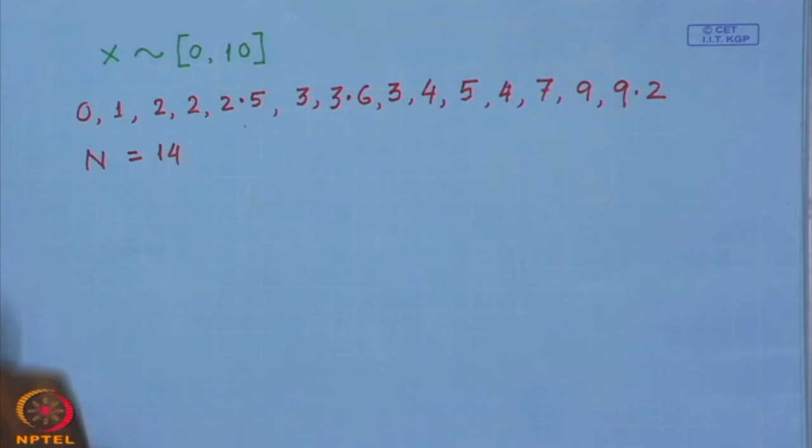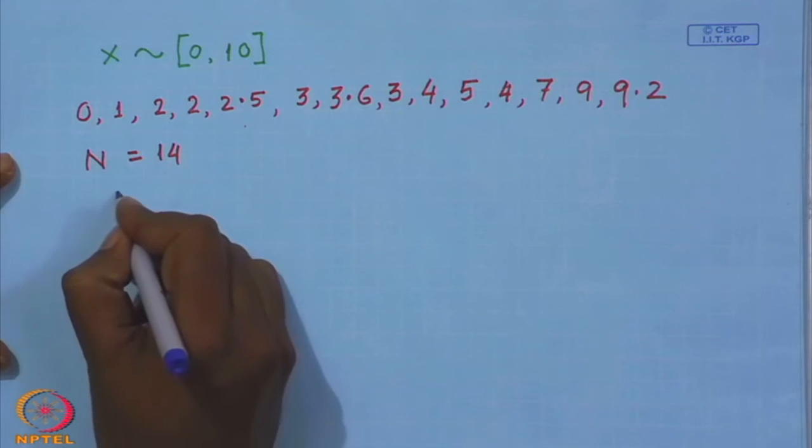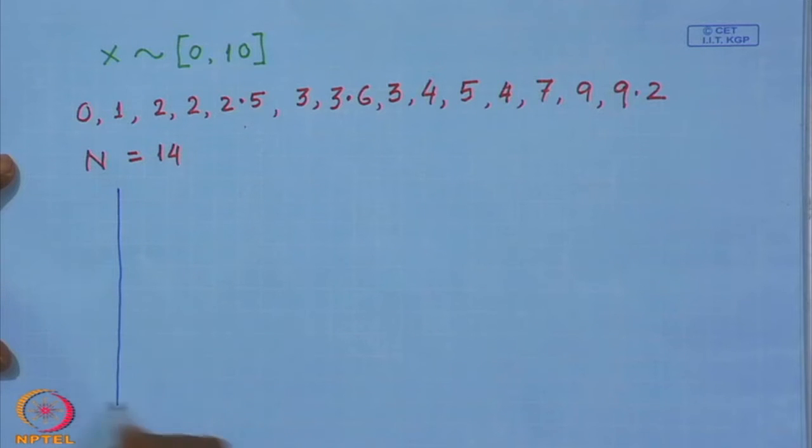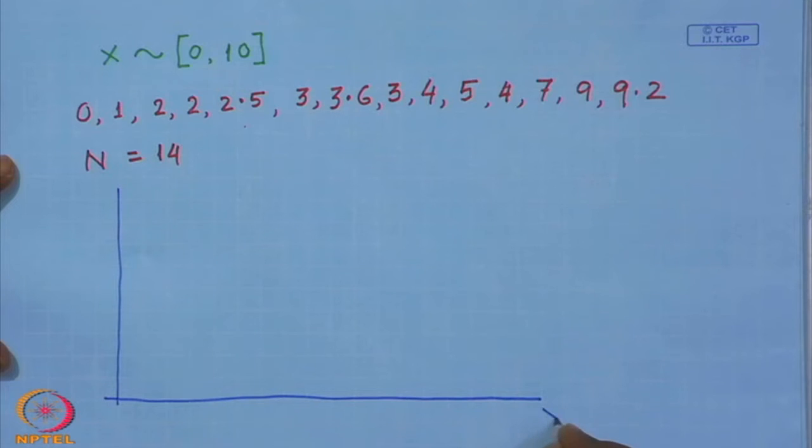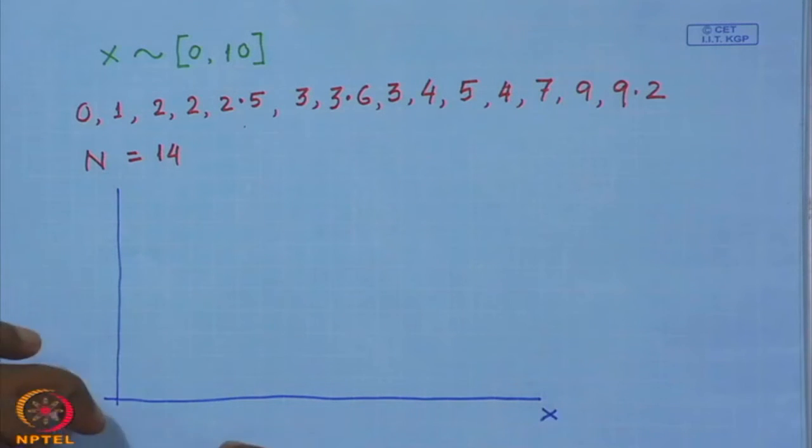And now, I want to estimate the probability density function. So, for that, as we have said earlier, I will plot this x, and let us assume that the range of x between 0 to 10 will be divided into a number of cells, and every cell will be of equal width. We start with a cell width equal to 2. Okay.